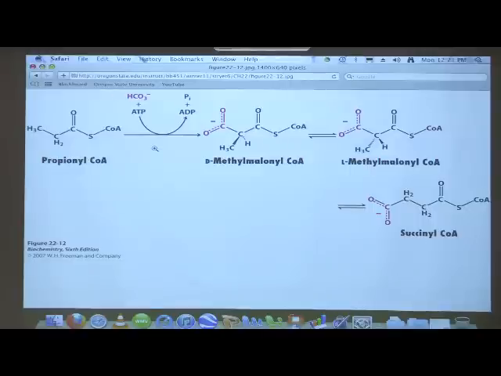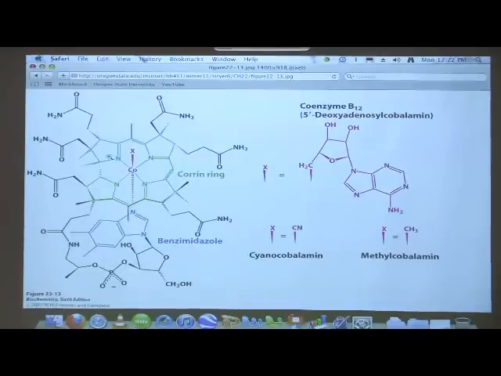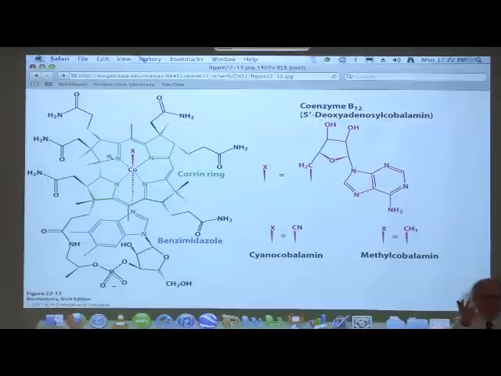Okay? All right. So this is an odd reaction, and the odd part of the reaction is actually this movement of this methyl group swapping positions here. This odd part of this reaction actually requires the coenzyme B12. B12 is necessary for the movement of that methyl group swapping positions with the hydrogen.